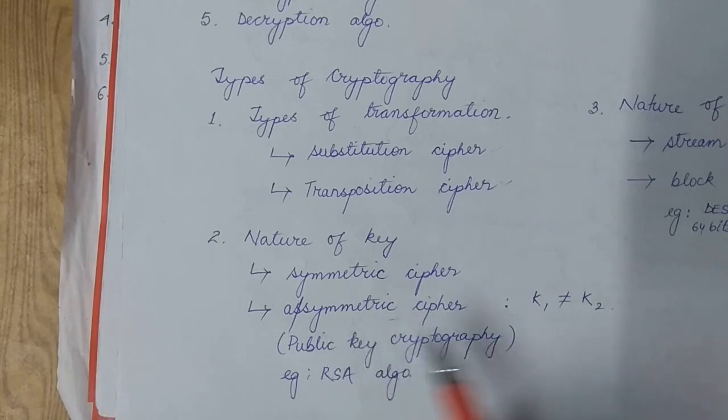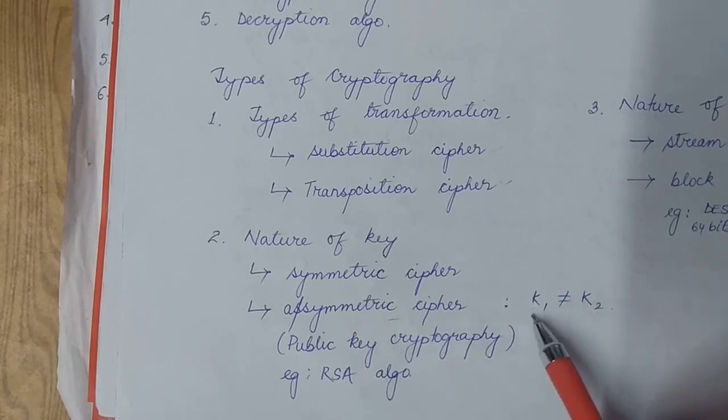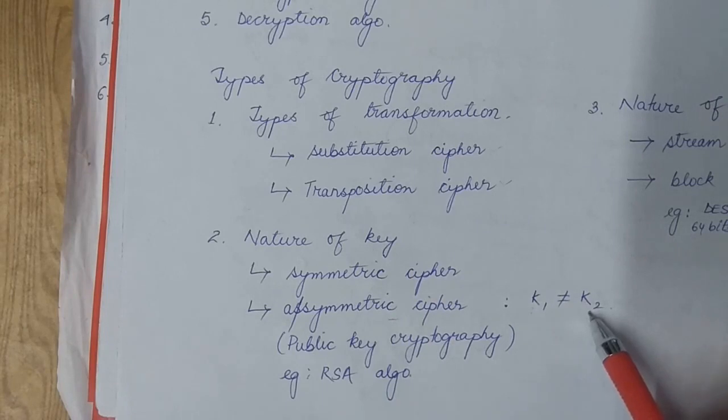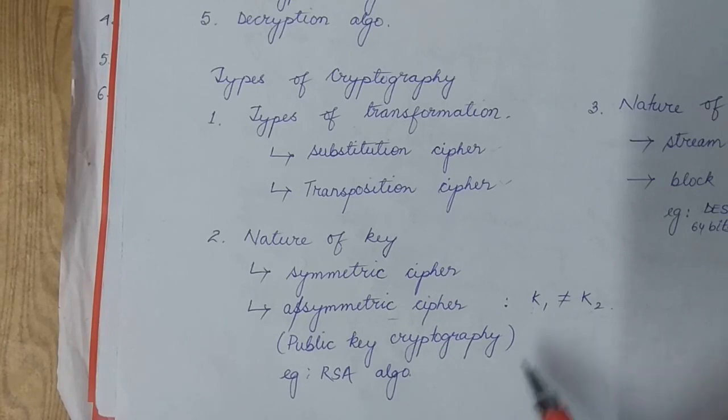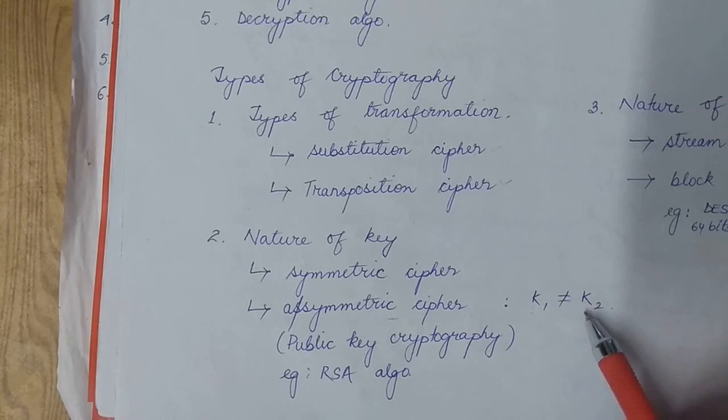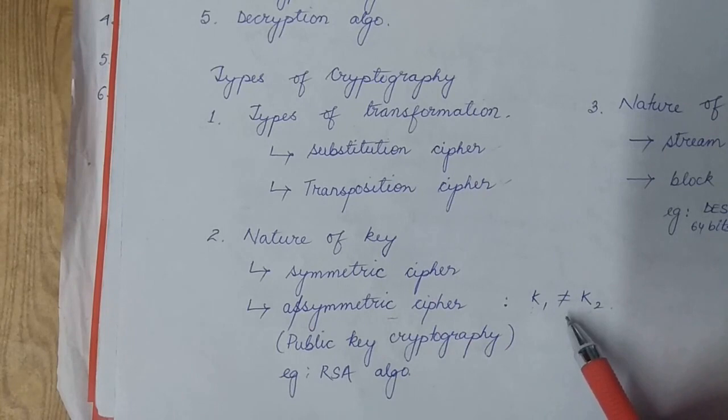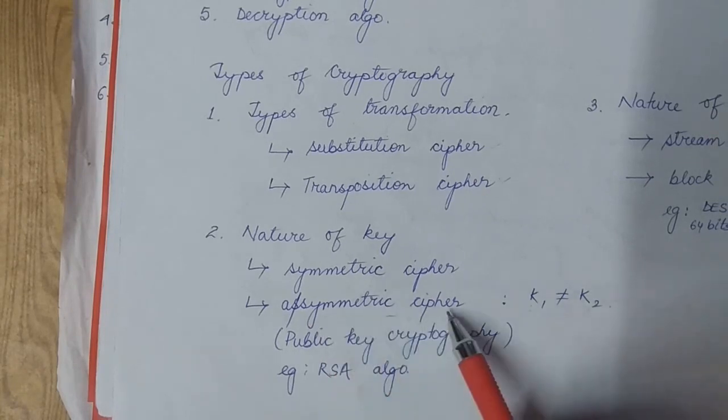Whereas for asymmetric, if K1 is used at the sending part and K2 is used at the receiving part, then K1 is not equal to K2 here. It means they are different keys here. If you are using 2 keys and the 2 keys are not similar or equal in any case, then we call such kind of encryption an asymmetric cipher, or the other name is public key cryptography.